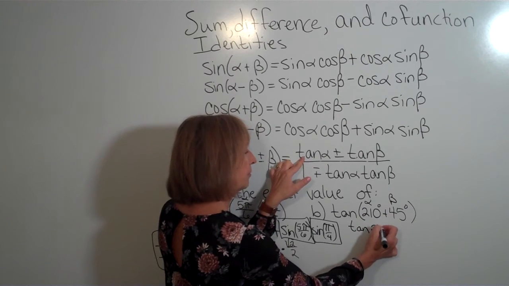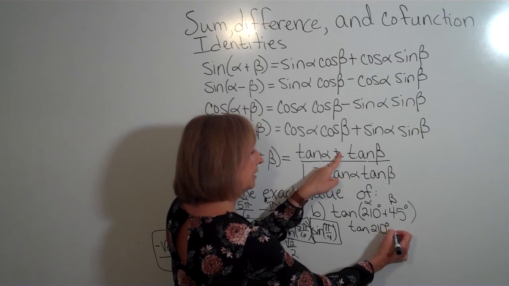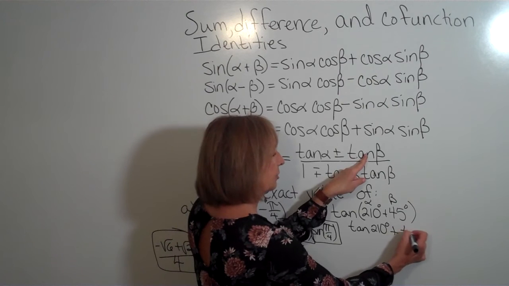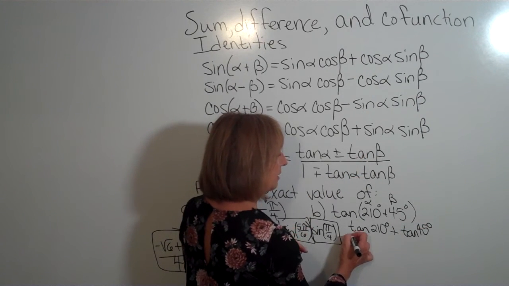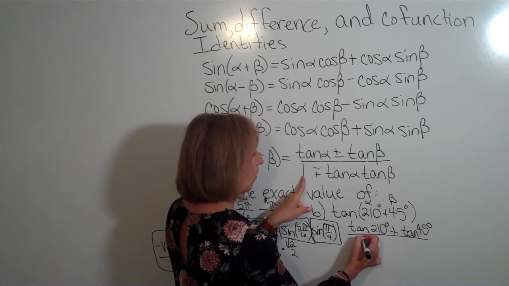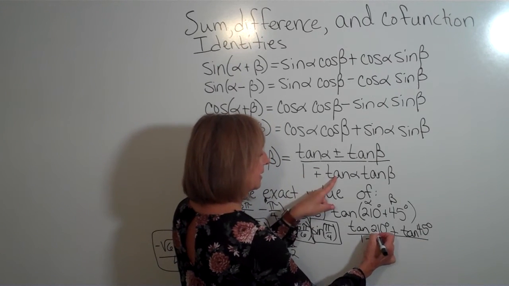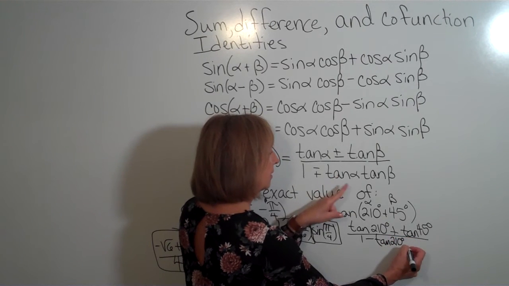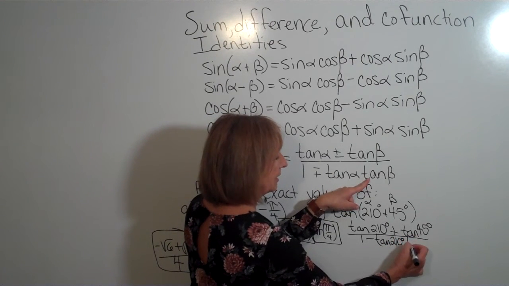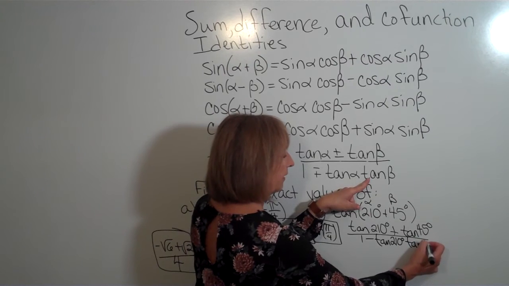So tangent of 210 degrees plus the tangent of 45 degrees divided by 1 minus the tangent of 210 degrees times the tangent of 45 degrees.